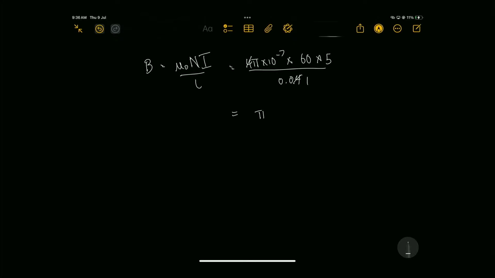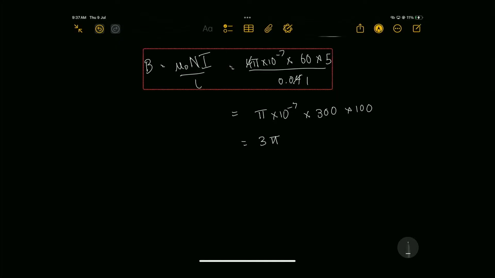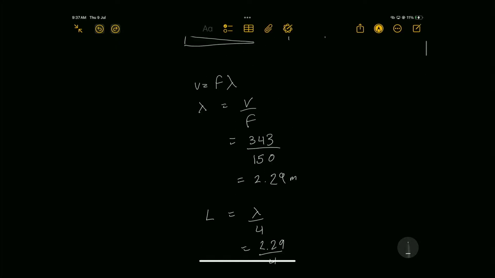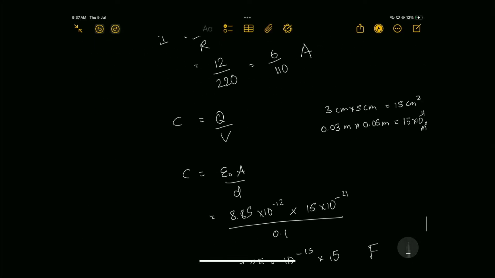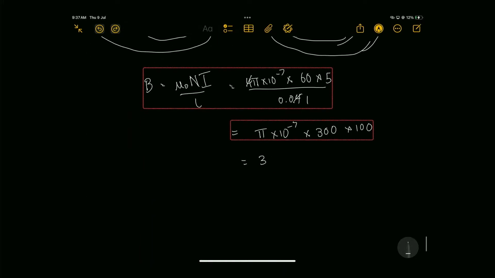So this would be pi by 10 to the negative 7 times 300 multiplied by 100. So this would be equal to 3 pi multiplied by 10 to the negative 3 Tesla.